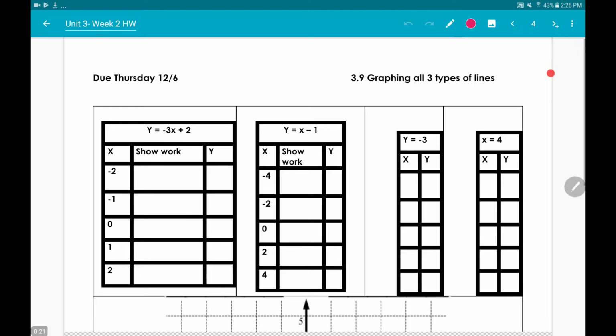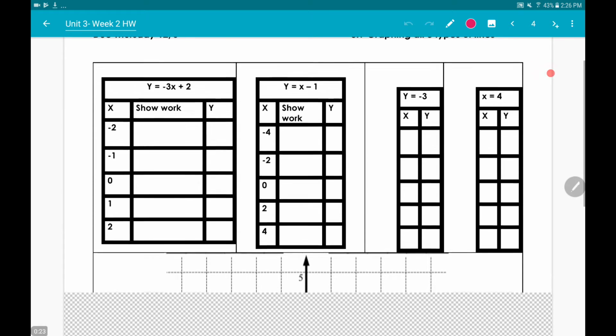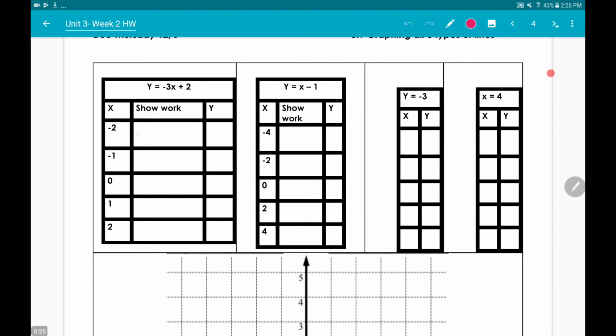So the first thing we learned in the beginning of the week was the linear function. So we have 3x plus 2. So I'm going to set that up for all of my x values. And where the parentheses are is where I'm going to insert my x value or substitute. Remember, substitute means to plug in.